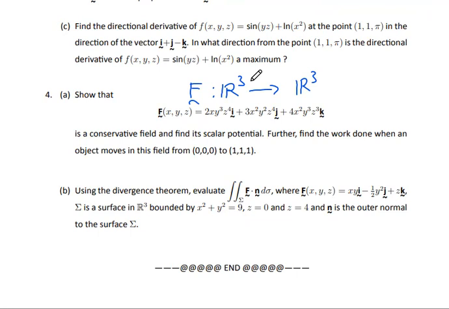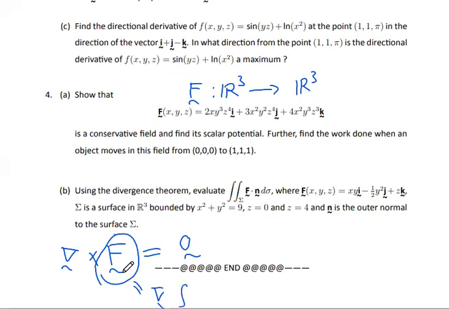Now if you show the curl of that field is equal to 0, because we know this is a simply connected domain, if you show this field is irrotational, then definitely this field is equal to the gradient of some function.